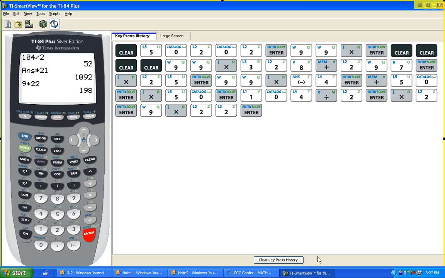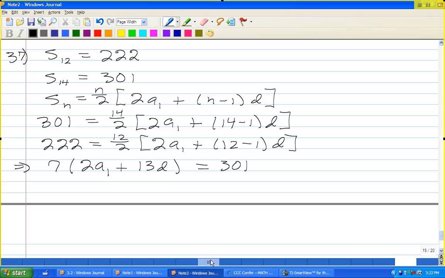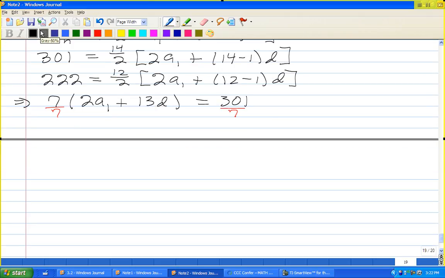Well, let's divide by 7. 301 divided by 7 is 43. Call this R1.